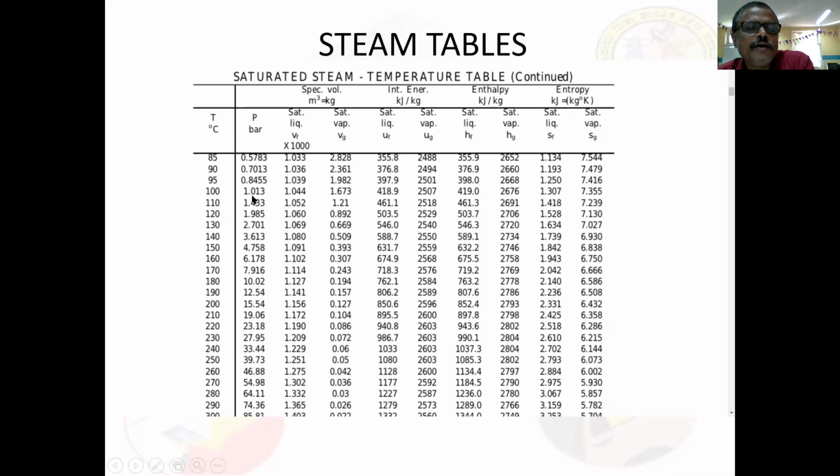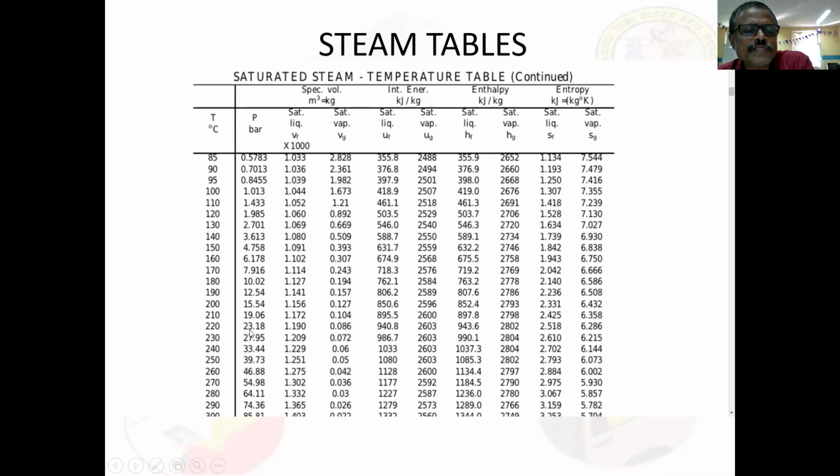You can see when the pressure is 1.013 bar, the boiling point is 100 degrees centigrade, and its sensible heat is 419 kilojoules per kg. Then you have HFG, the latent heat, which is 2676 for 1 bar.